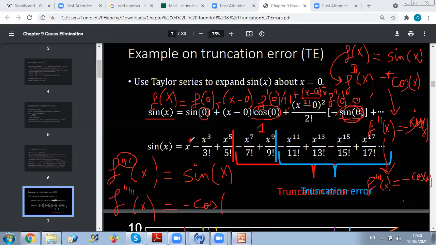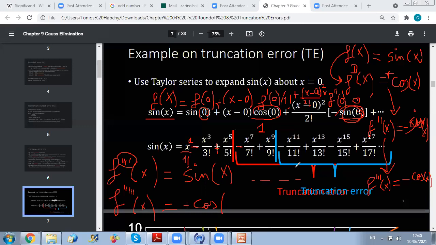So it's x to the power 1 over 1 factorial, but 1 factorial is 1. Now I will continue the series in a repetitive way: minus x3 over 3 factorial plus x5 over 5 factorial minus x7 over 7 factorial, etc. So the pattern is repetitive with alternating signs.